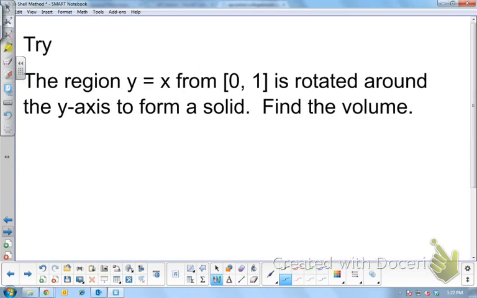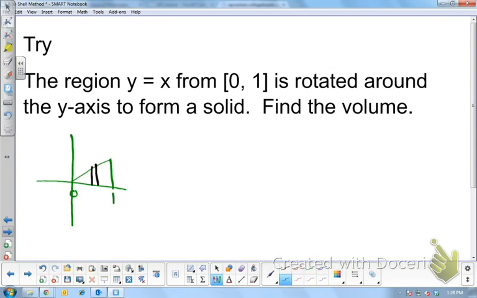So I want you guys to try one, and then we're going to do one where our axis of revolution isn't the y-axis anymore. So if we draw our graph, we said just from 0 to 1, we take a random partition.